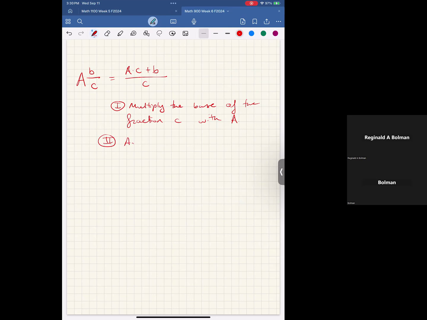So we're going to add the result, A times C, with B. And then this quantity becomes the new numerator of our improper fraction.